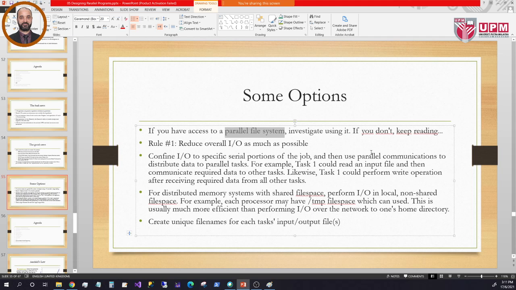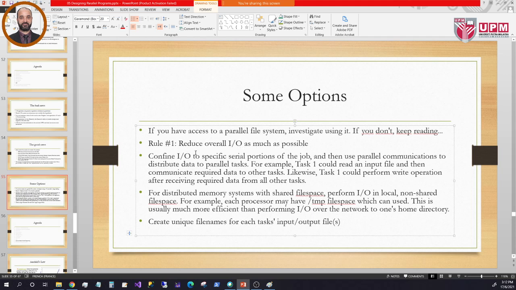Sometimes you have a very fast hard drive or file system, but you don't know how to use it, and maybe use it in a wrong way that makes reading and writing very slow. So if you don't know about it, just go and read about it to investigate how to use that parallel file system.